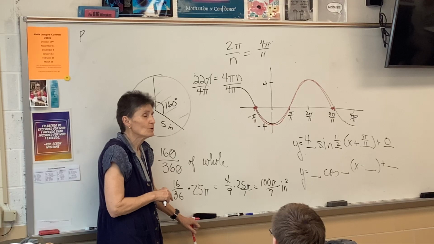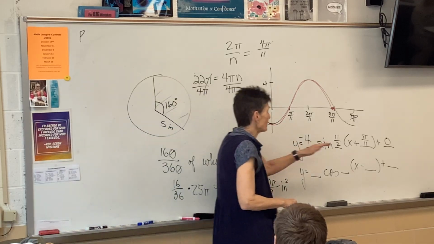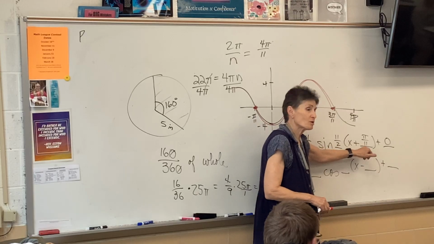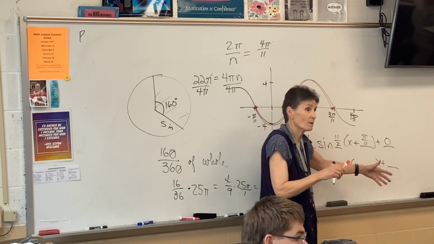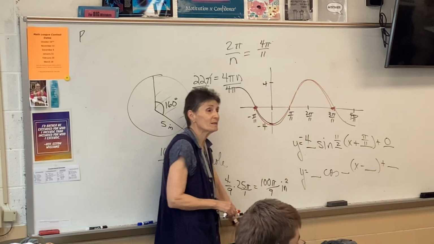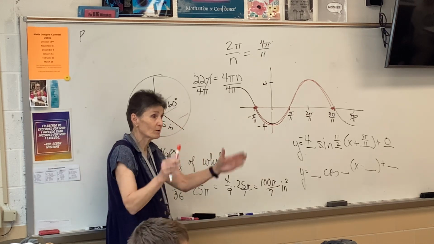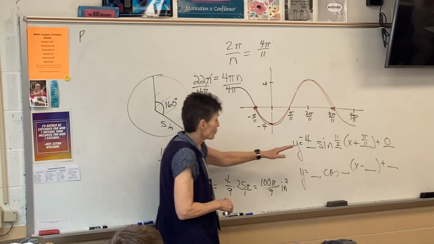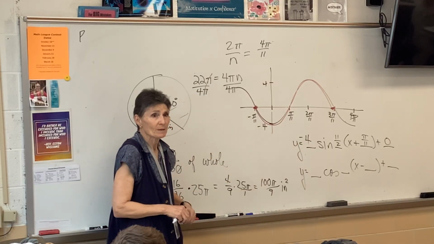Can you explain that? When you're doing a horizontal shift, a plus goes left, a minus goes right. Yeah, it's what we did back in chapter 1 when we were moving all those trapezoids and things around. Okay, so there's my sine equation.